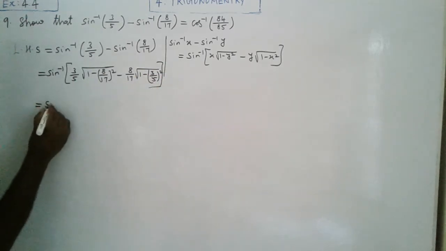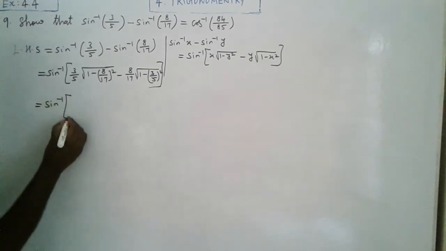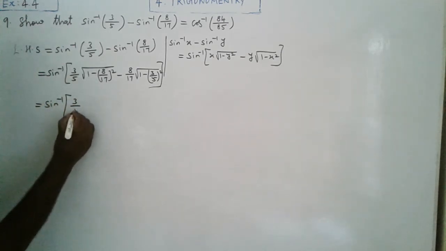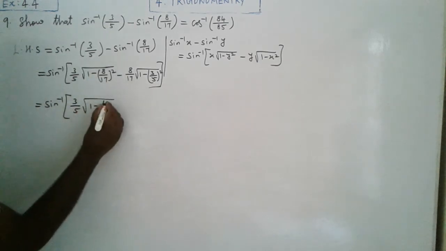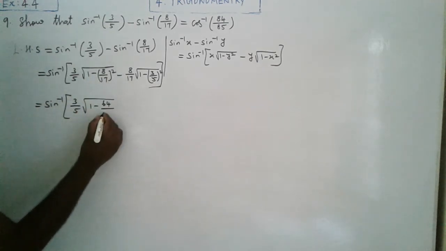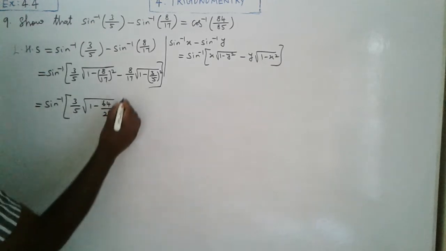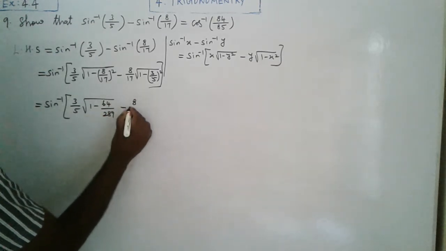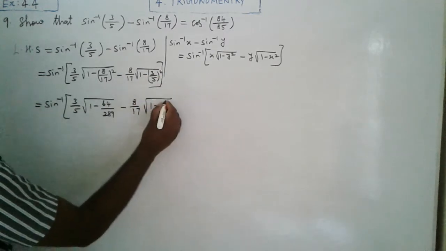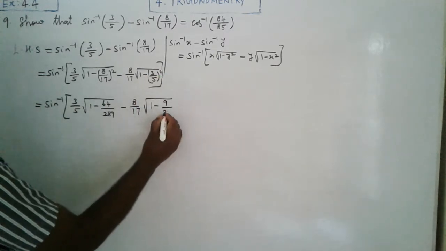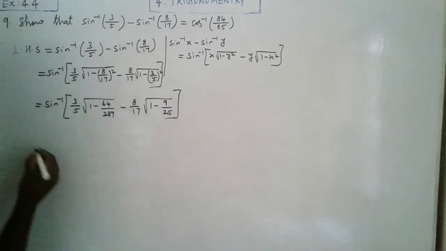Equal to sin inverse of 3 by 5 root of 1 minus 8 square is 64, 17 square is 289, minus 8 divided by 17 root of 1 minus 3 square is 9, 5 square is 25.